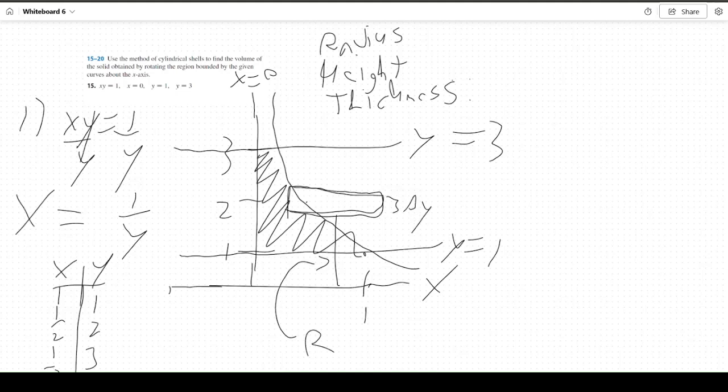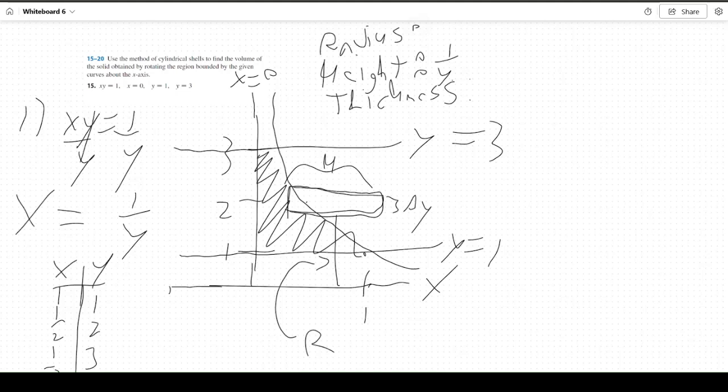This is delta y because it's in the same direction as the y-axis. And this is our height right here. So our height would be 1 over y.